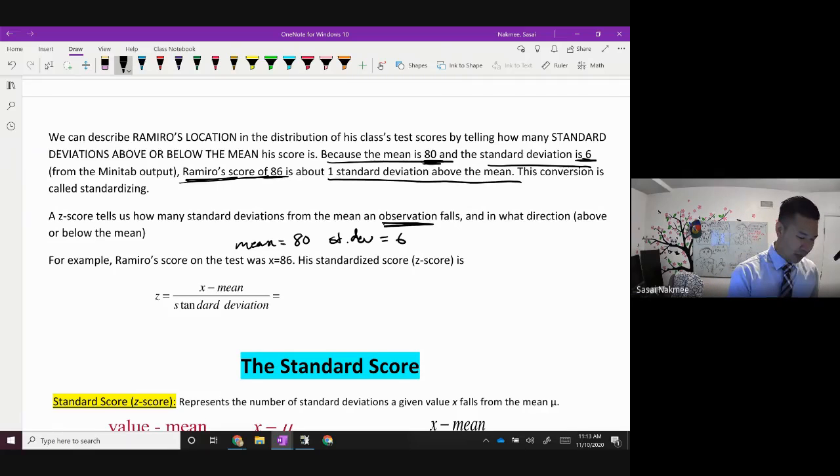All right, so the z-score is this equation right here: the value that you're looking at minus the mean, divided by the standard deviation. That's all that is. So z is going to be equal to the data that you're looking at, let's say Romero's score, which is 86, minus the mean, which is 80, divided by the standard deviation, which is 6.